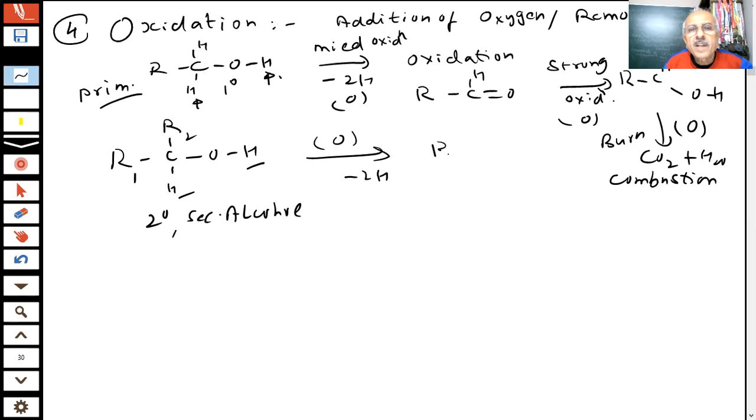Then what are you getting? R1C double bond R2. What was this? Aldehyde? And what is the name of this? Try to understand, student, what I am talking. What is the name of this functional group?